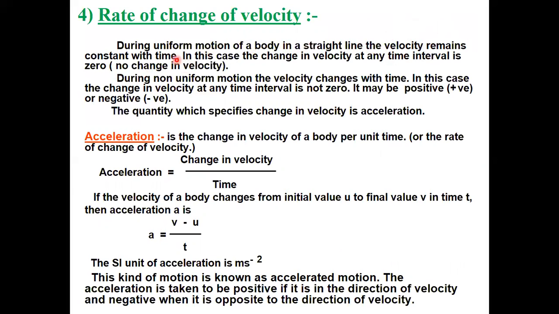Uniform motion means the object covers equal distances in equal intervals of time, so the velocity will not change. In this case, the change in velocity at any time interval is 0, meaning no change in the velocity.